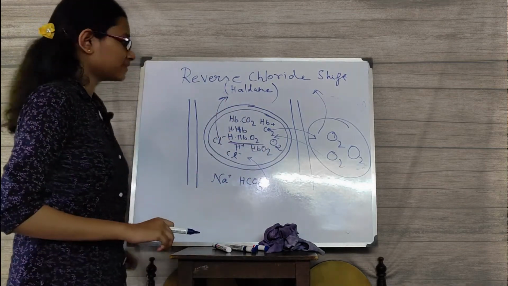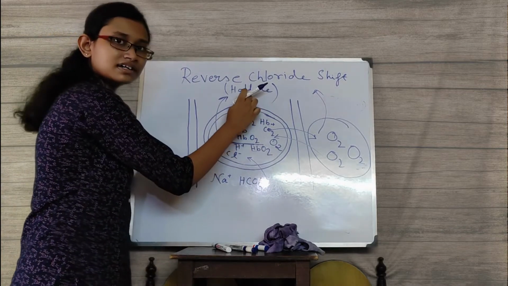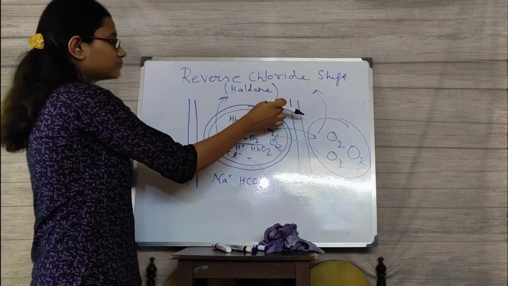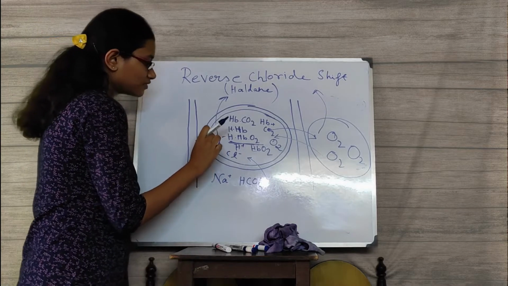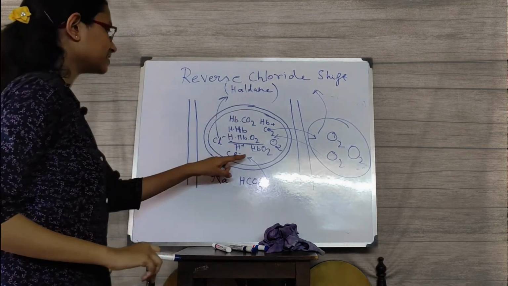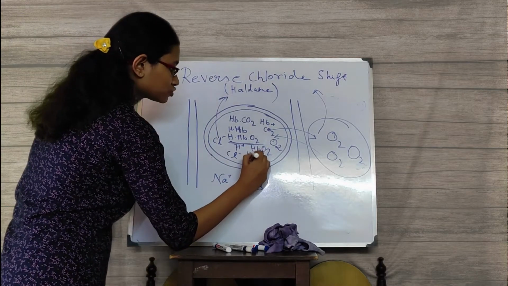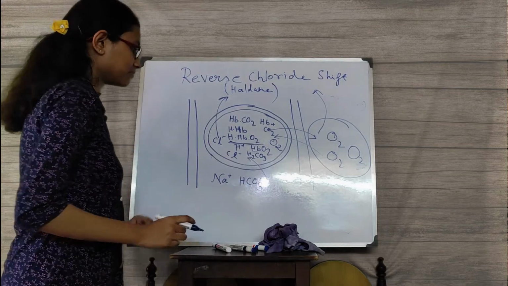Now you can see that here the chloride ion is being transferred from the cell to the plasma. It's just the reverse of the previous one, where it was being transferred from the plasma into the cell. This HCO3 will combine with hydrogen and form H2CO3, which is carbonic acid.